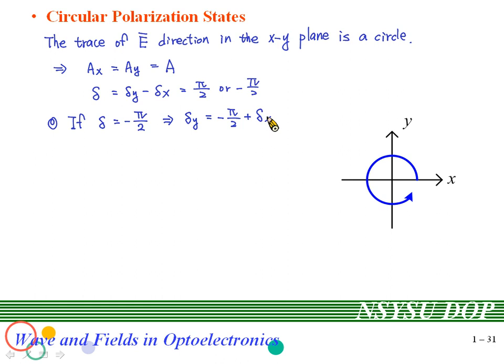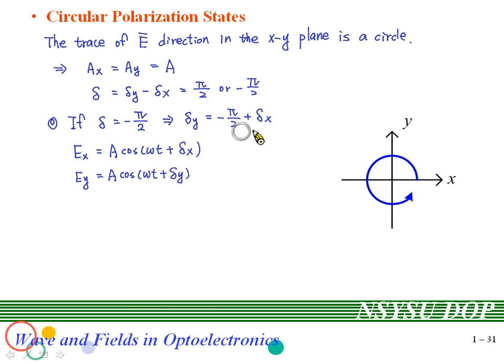As a result, we can rewrite the xy components of the E field in the following way. The Ex can be expressed as amplitude A times cosine of omega t plus delta sub x. And the y component of the E field, Ey, is A times cosine of omega t plus delta sub y.